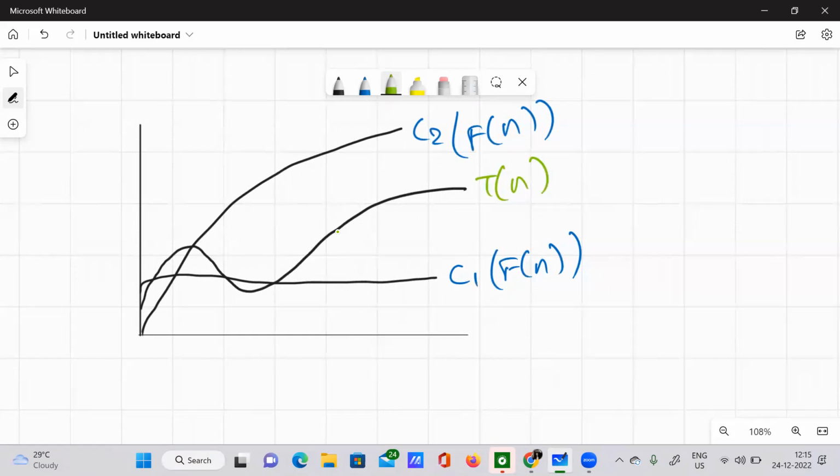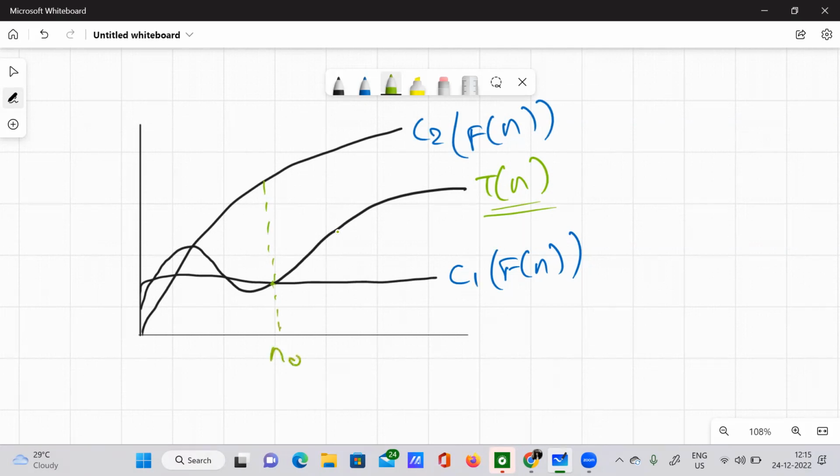So by having a look at this graph, you can easily say that my T of n is lying in between the two constants, that is c1 and c2. So hence we can definitely say that f of n is an asymptotically tight bound for my T of n. This is the junction where all the terms are lying; all three graphs are in contact here.